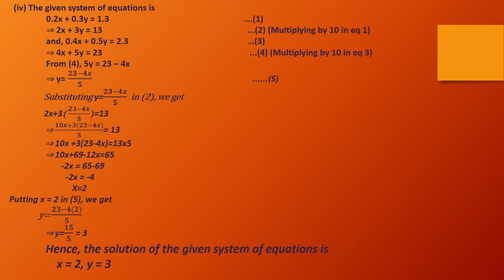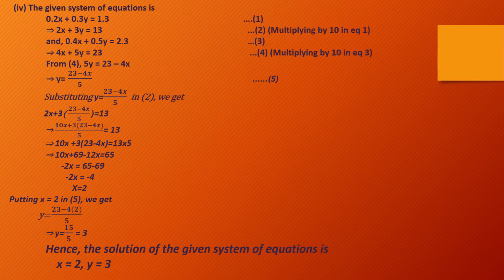Now on taking LCM, we get 10x plus 3 multiplied by (23 minus 4x) upon 5 equals 13. On solving, we get 10x plus 3 multiplied by bracket 23 minus 4x bracket close equals 13 multiplied by 5. On solving, we get 10x plus 69 minus 12x equals 65.